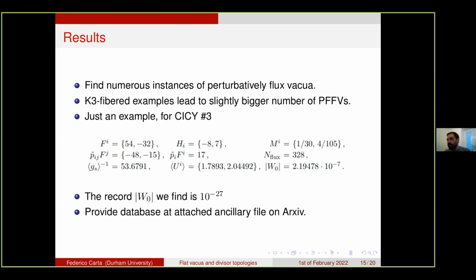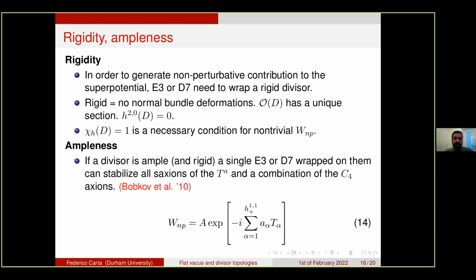I would like now to change gears completely and discuss something else that we did. This is not about small W naught anymore. It's related to the topology of the divisors that we have for complete intersection Calabi-Yaus.